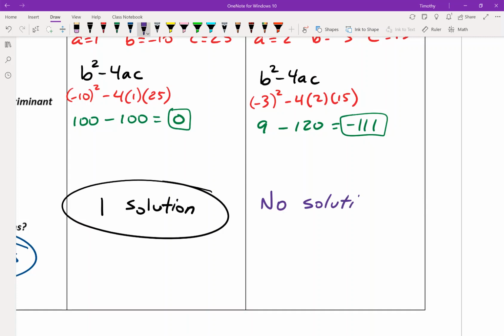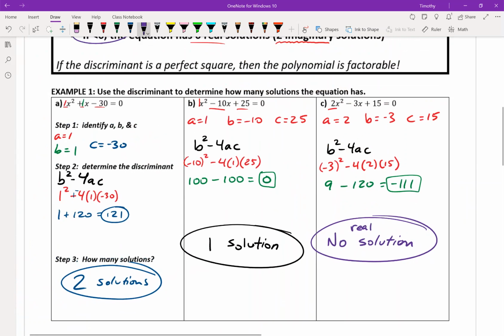So for now, we can just say no solution. If you want to make that distinction, you can say no real solution. But for our purposes, no solution works just fine.